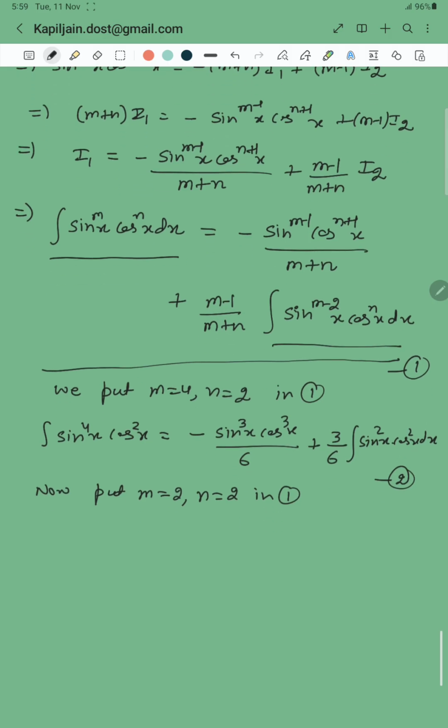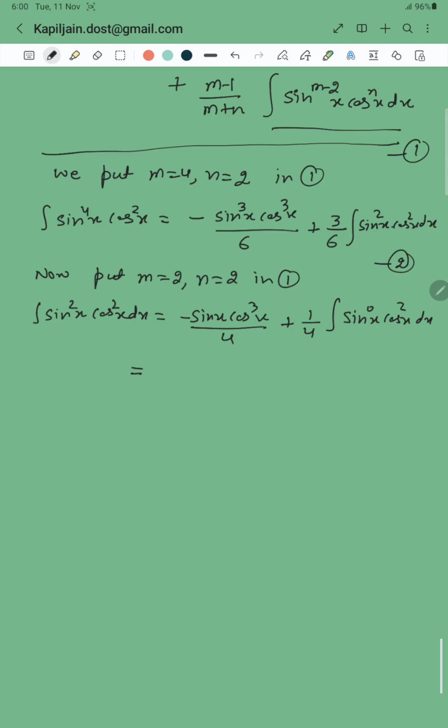We get integral sine square x into cos square x dx is equal to minus sine x into cos cube x by 4 plus 1 by 4 integral sine raised to power 0x into cos square x dx, which is equal to further minus sine x cos cube x divided by 4 plus 1 by 4 integral, sine x raised to power 0 is 1 and cos square x is equal to 1 plus cos 2x by 2 dx.